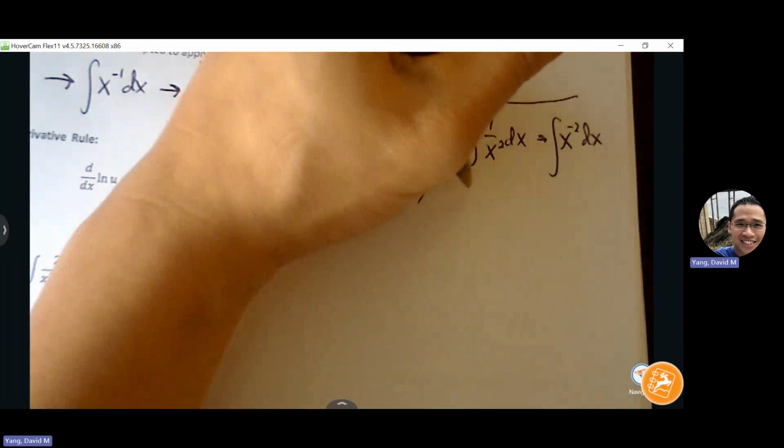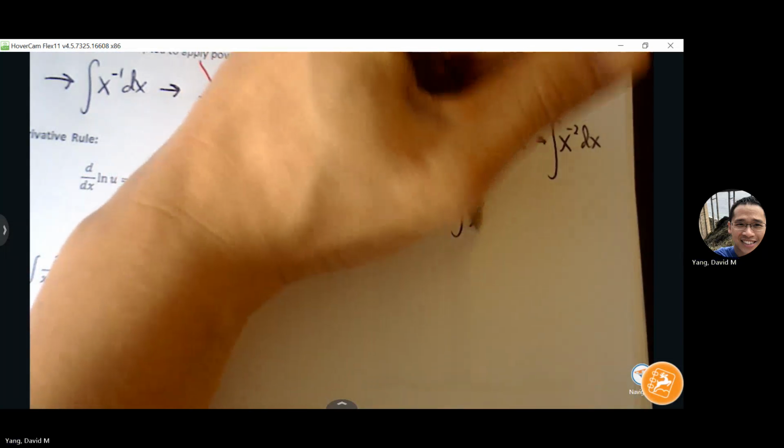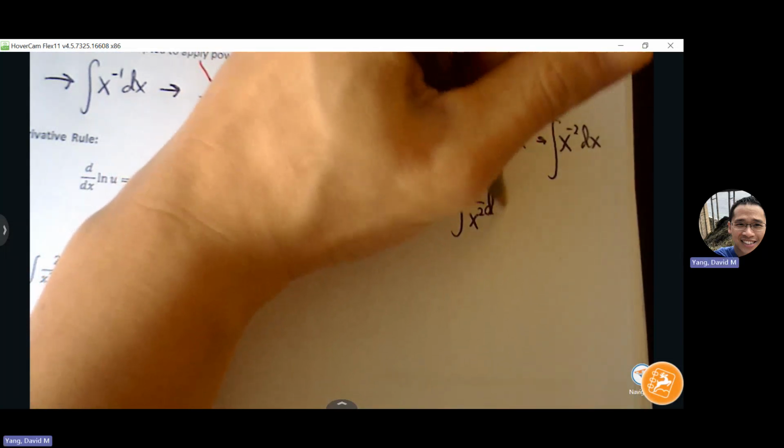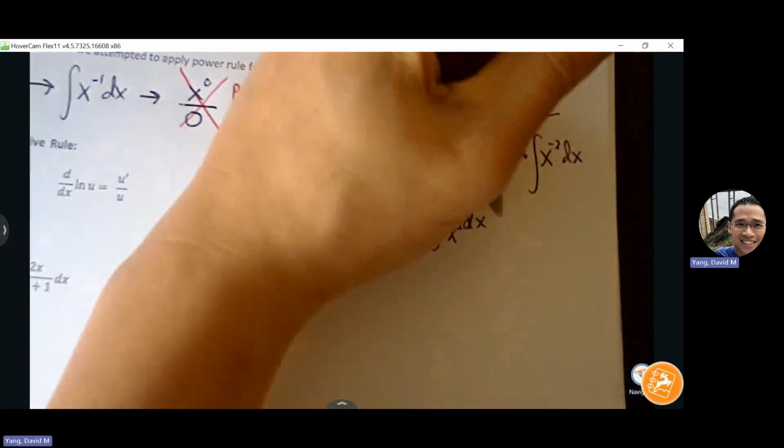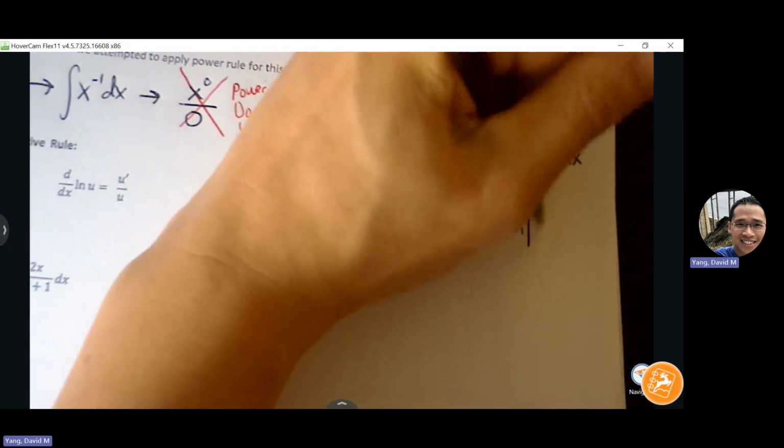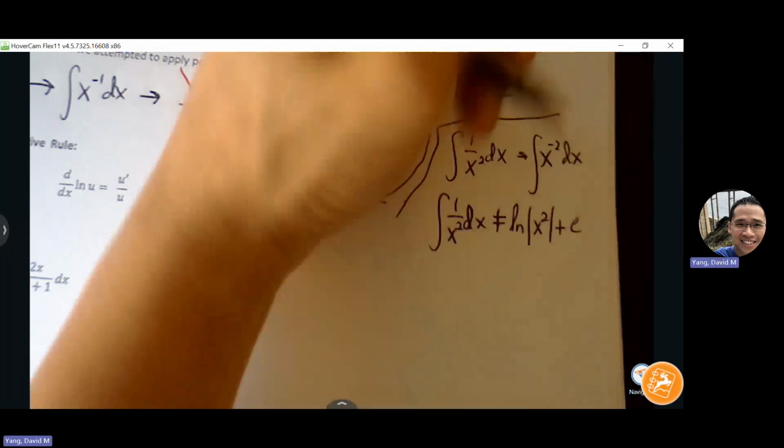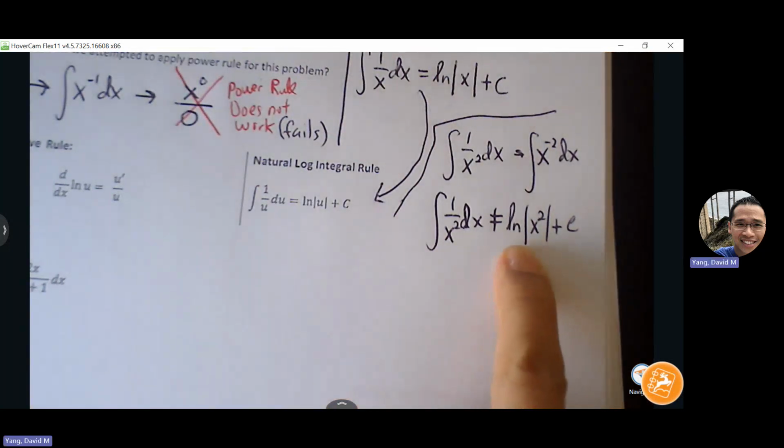But what students may experience is that they see that x in the denominator and they may start wanting to do this, because they feel like, okay, x is in the denominator, which means natural log.